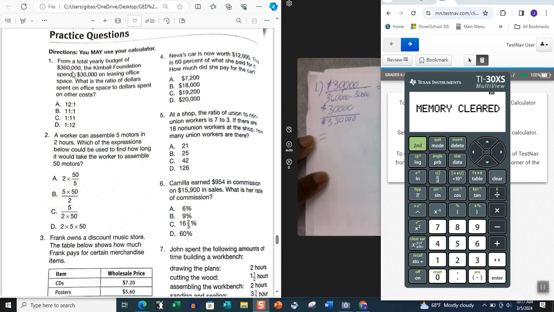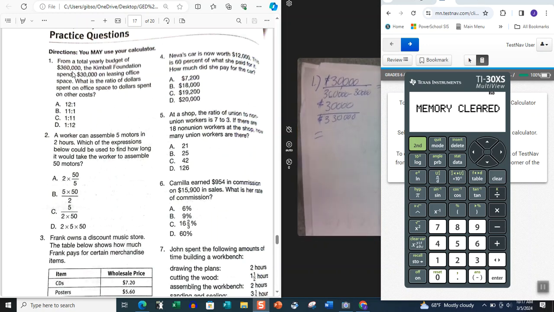Now we will put that in our calculator. We want to make this as easy as possible since we can use a calculator. Let's hit the n over d. So we have 30,000 divided by 330,000.